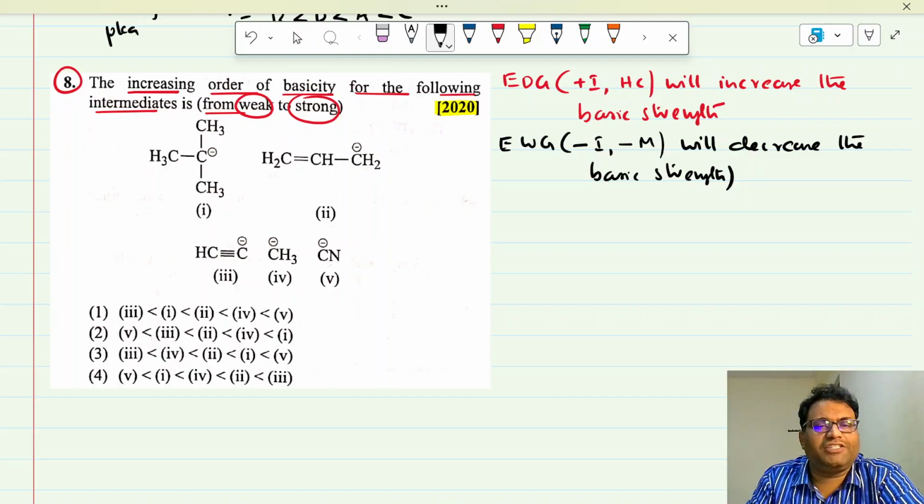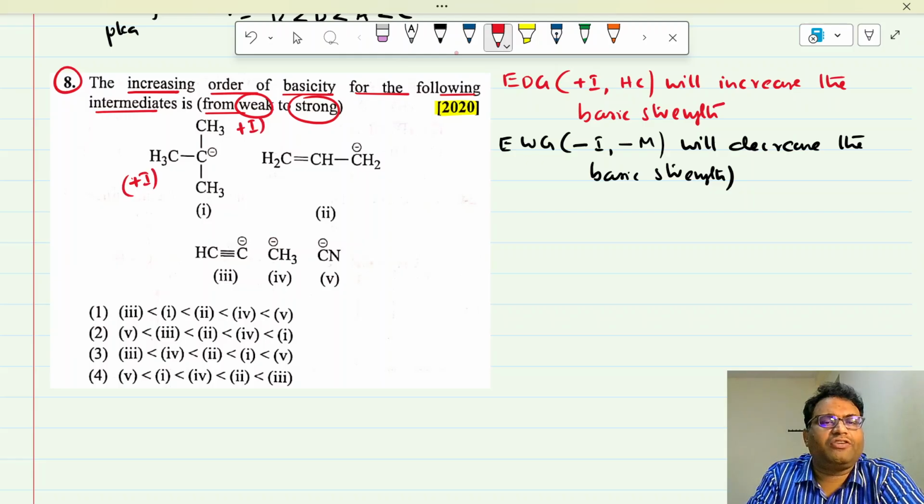Now let us see these three molecules. Molecule 1, we have a plus I group, electron donating plus I, 3 plus I groups. So 3 will be pushing the electron density in this way. As they are pushing, automatically this negative charge increases. Negative charge means a pair of electrons. Electron density increases.